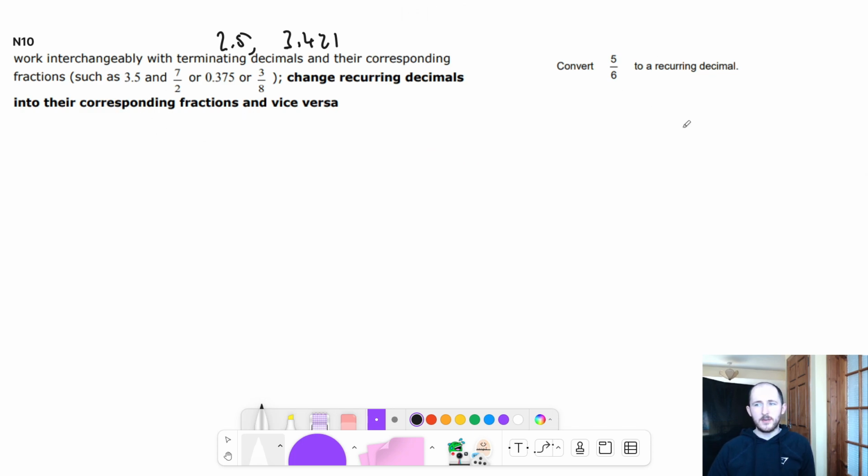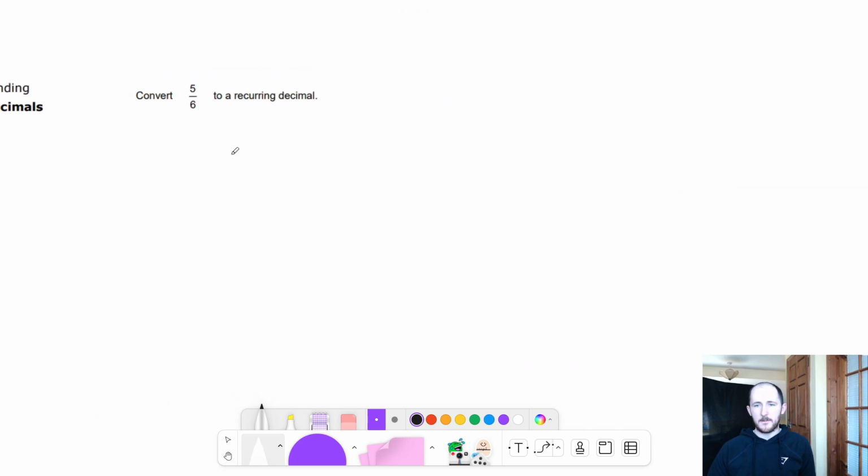There are a few different ways to do this, but one of the most important ways to change fractions to decimals is you can just use the bus stop method. So 5 is going to be under the bus stop, 6 is going to be outside. 6 into 5 doesn't work, so I'm going to put that, and then we're going to add a few zeros. What's the remainder?